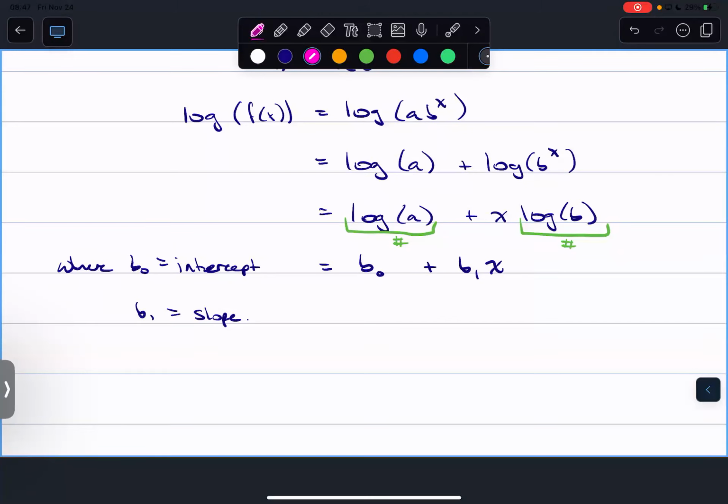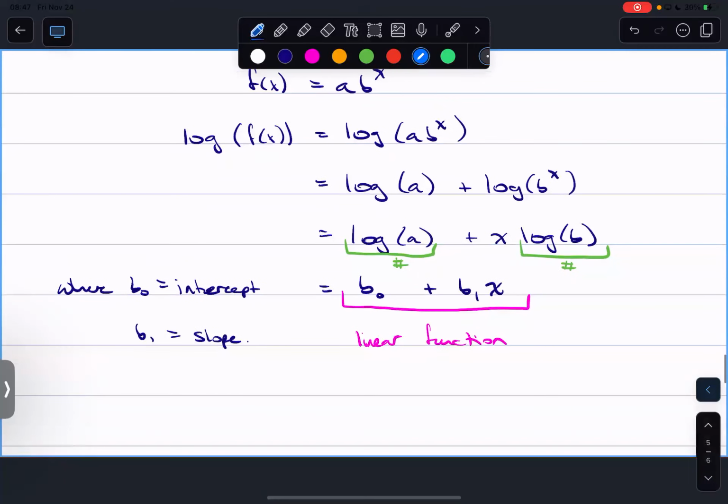So now we have this linear function, which we know how it behaves. I can draw this line, and we can do a bunch of fun things with it, and it's easy to grasp. And so that's the benefit of taking the log. In this case, recall f of x is y, so if you want to replace those f of x's with y, that's fine.